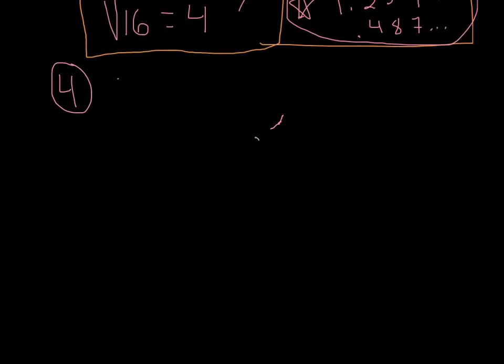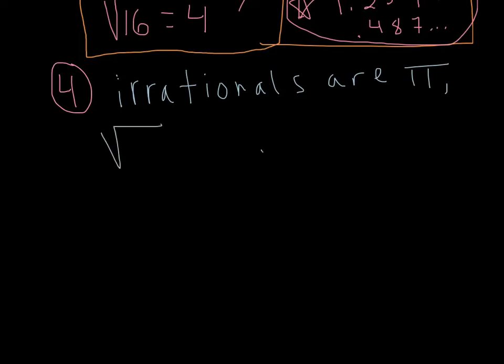Irrationals are pi, any square root where you get a decimal, a long decimal, like square root of 18. We know that's not a perfect square.